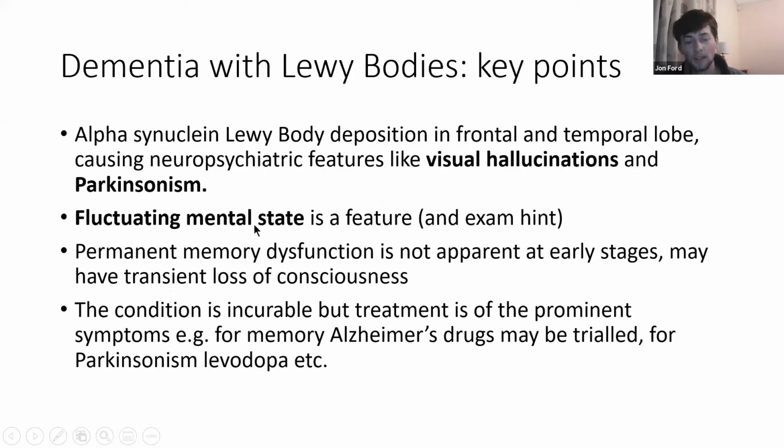Fluctuating mental state is a useful exam phrase to remember. Often the memory dysfunction isn't the earliest feature. It might be the hallucinations or fluctuating consciousness. Again, it's not curable, but they might still try the Alzheimer's drugs. And for the Parkinsonism, you can manage it like idiopathic Parkinson's disease, with levodopa.